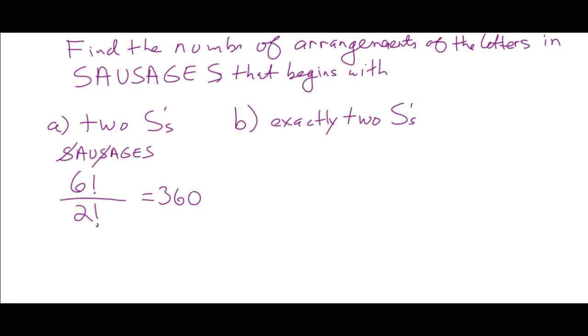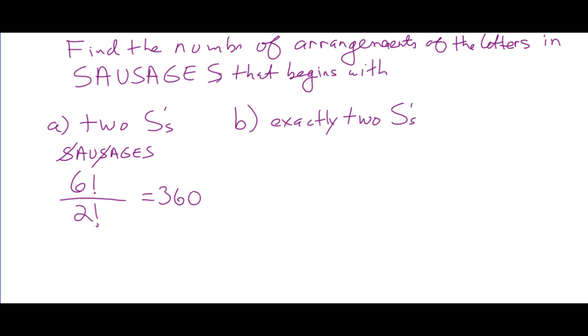So it begins with exactly 2 S's, then what's the third letter? Or how many choices do I have for the third letter? Well, what could it be? Could be an A, U, another A, G, or E. There's 5 letters, but here's the problem, right?